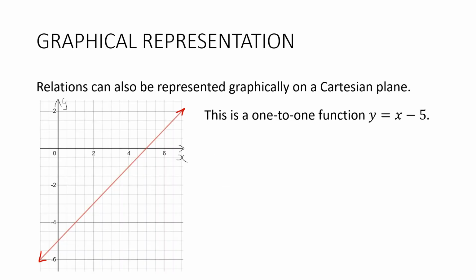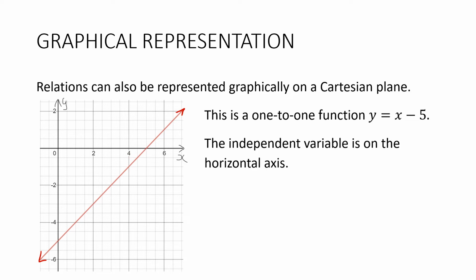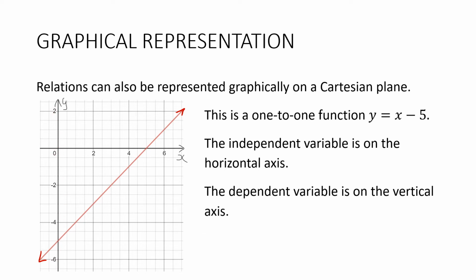Now relations can also be represented graphically on a Cartesian plane. They can be easier to see. This is a one-to-one function, y equals x minus 5. There is only one y value for any value of x. Now, in this case, the independent variable is always put on the horizontal axis, and the dependent variable is put on the vertical axis.